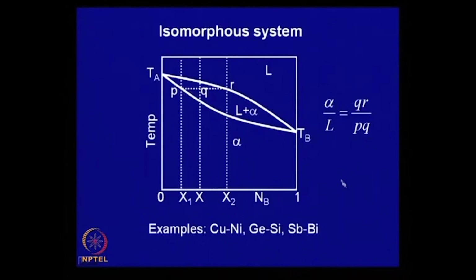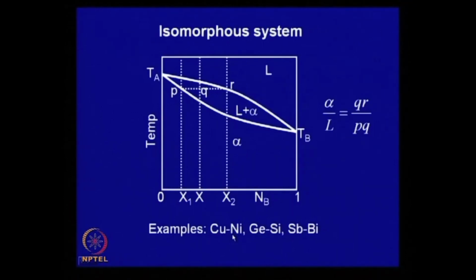There are certain alloys which exhibit this kind of phase diagram, which are listed here. One common alloy is copper nickel, and if you look at both copper and nickel, they have identical crystal structure and nearly similar lattice parameters, so the difference in atomic size is small. Therefore, they exhibit unlimited solubility.